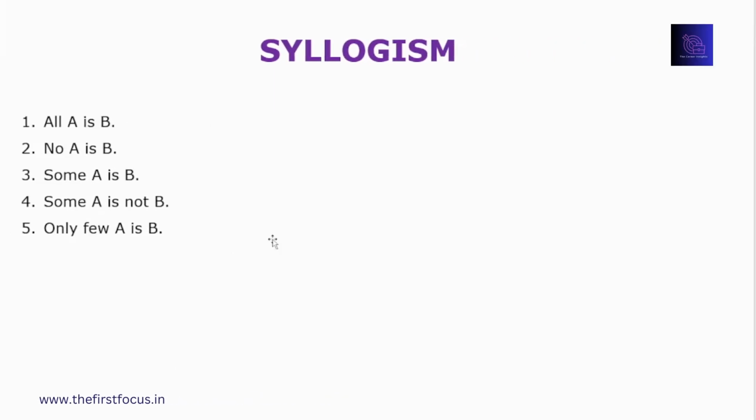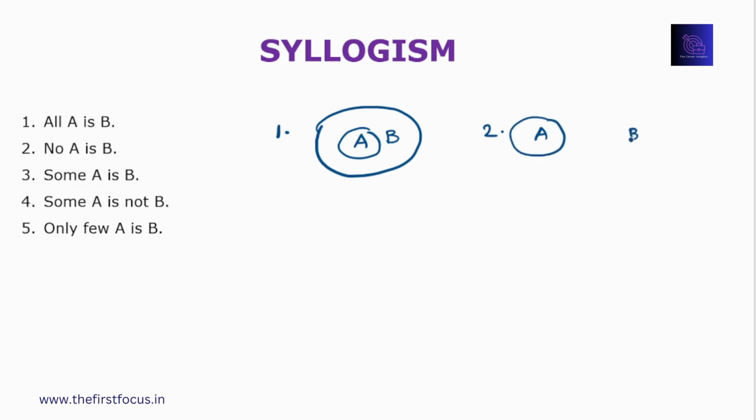Here we learn how to draw Venn diagrams for these quantifiers. The first one is all A is B. This is A, and if I say all A is B, you have to represent this in a Venn diagram like this: A, B, with all of A within B. The second is no A is B. This is A and this is B. If we draw like this, it means there is no relation.